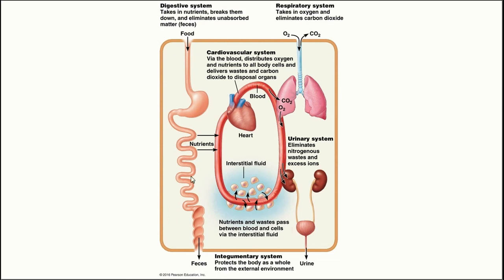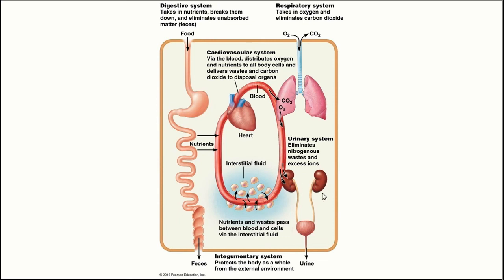The digestive system over on the left side here takes in food nutrients, breaks them down, and delivers those broken down simple building block nutrients to the blood so that our body and our tissues can use them to build more complex things. The cardiovascular system right in the center here shuttles those nutrients and oxygen to all of our body's cells and tissues.